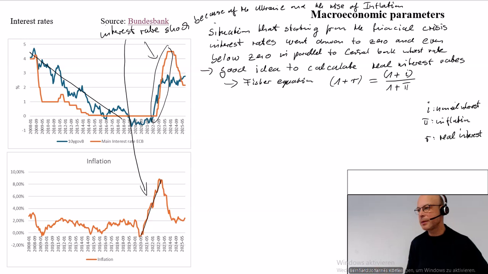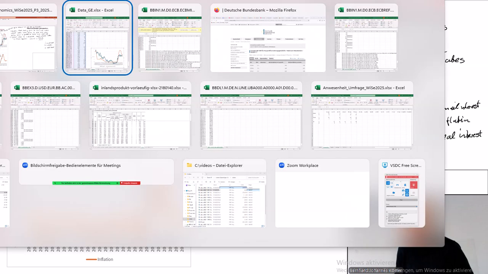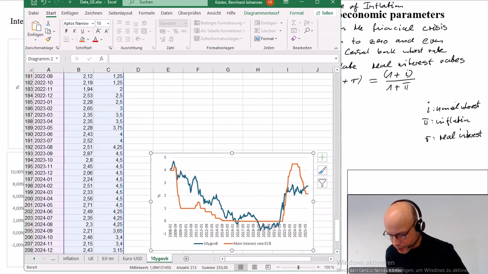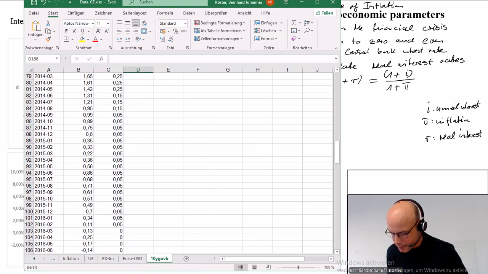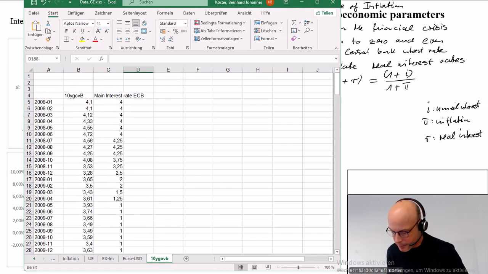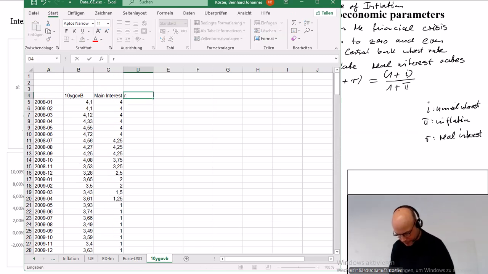Well, since we have the nominal interest rates and the inflation rate, you can directly go into your data and then we can just calculate the real interest rate.